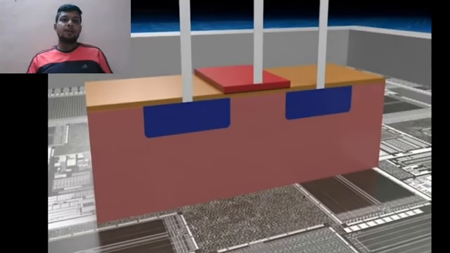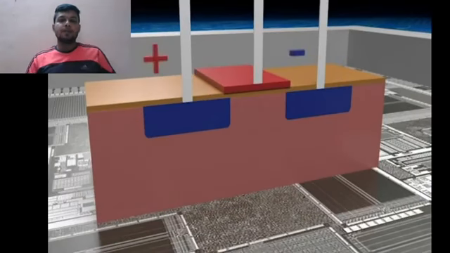Here you can see silicon dioxide, which acts as an insulator, and a layer of electrically conductive polysilicon is applied on top of this. Every transistor has three terminals. This is the gate terminal. The two other terminals are source and drain.